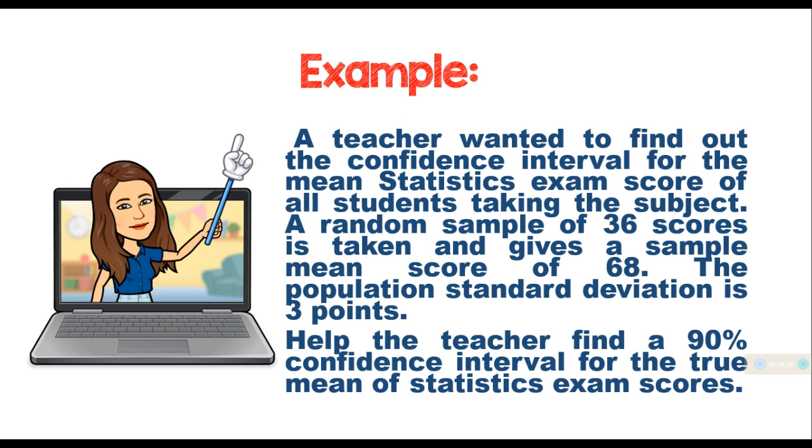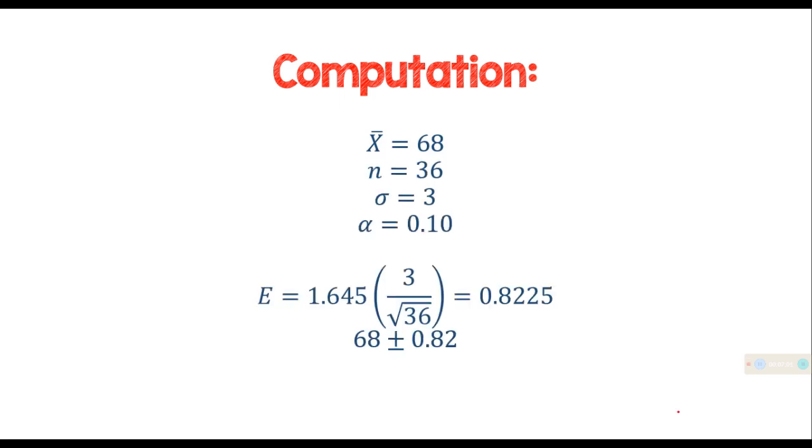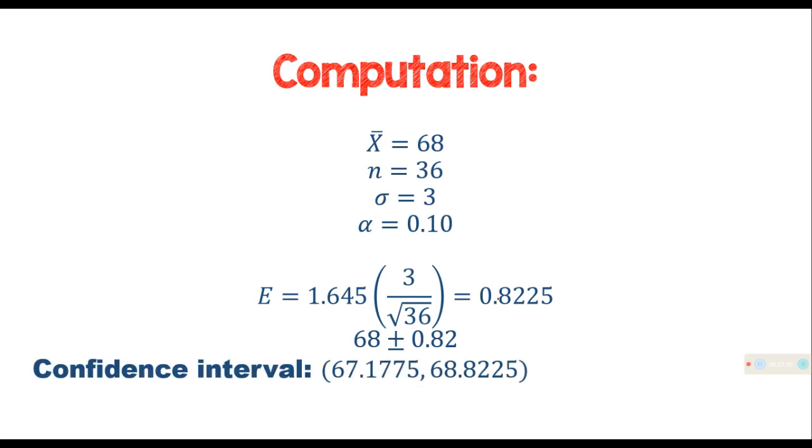Help the teacher find a 90% confidence interval for the true mean of statistics exam scores. So I included here a computation. All you have to do is to substitute the values here to our formula and you will end up with this confidence interval.